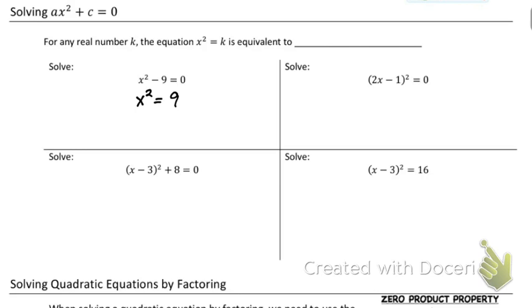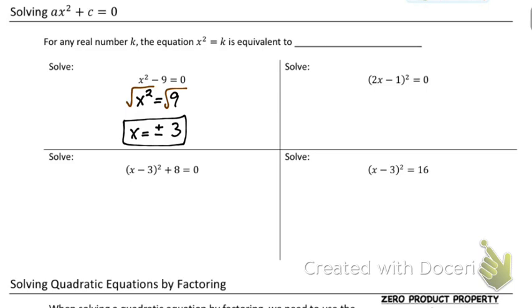And now because everything on the left-hand side is squared, you can take the square root of both sides and come up with x equals, well, when you take the square root, you have to do positive and negative. So it results in two answers. So it's going to be positive and negative square root of 9, which is positive and negative 3. I promise you that's a lot easier than plugging into the quadratic formula or trying to factor it or trying to complete the square.